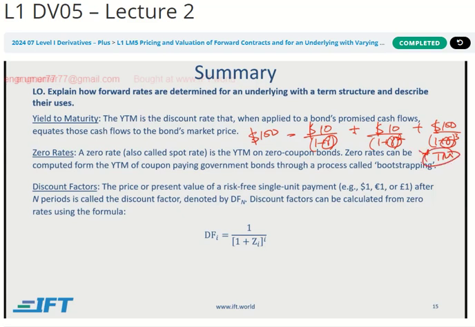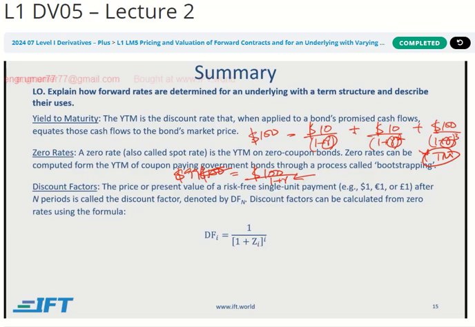Zero rates is basically if you have a bond paying $100 1 year from now and the present value is, let's say, 99, the rate at which you will discount this is going to be the zero coupon rate. And you can use the 1 year rate to calculate the zero rate for a 2 year bond.